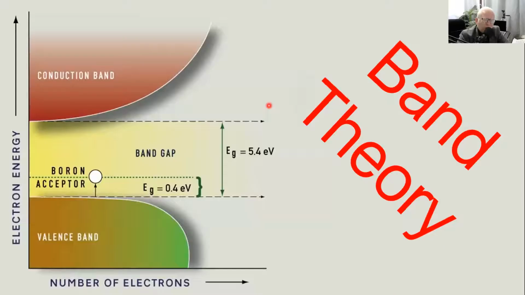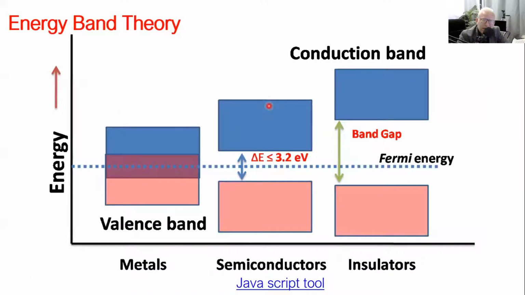Then we go to the band theory, and we transfer this from an atomistic level to a material level, where we have a set of atoms as neighbors together, and then these atoms form, instead of what's called an energy level, what's called an energy band.